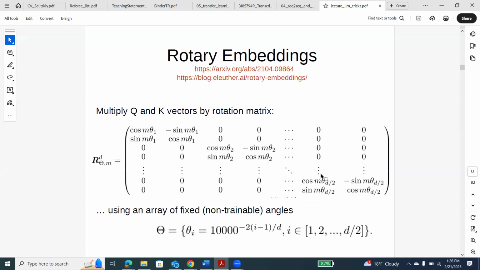The next modification of the positional encodings: the previous one is called relative position encoding, and the second modification is called rotary embeddings. Those are used in many versions of Llama models.